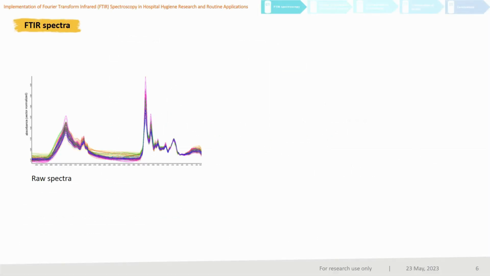As we have seen before, this is the typical FTIR spectrum. However, when we are analyzing different strains and we aim to find differences between them, working with the raw spectrum becomes challenging due to the overlapping data, and it becomes very difficult to distinguish these minimal differences. In order to solve this problem, the system employs the second derivative of the spectrum.